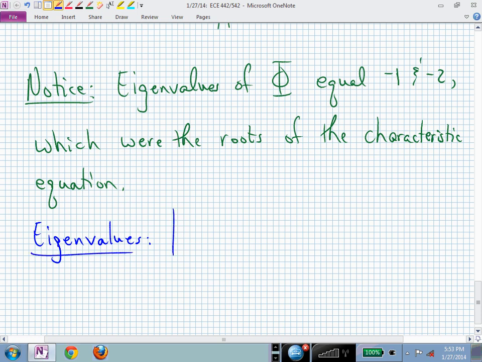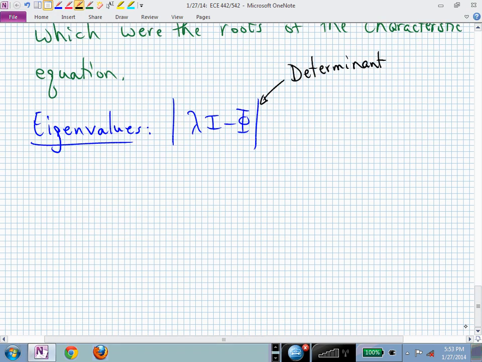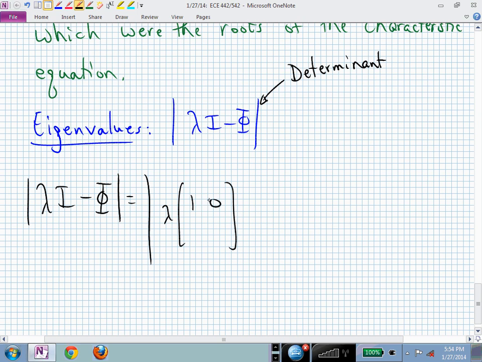So if we want the eigenvalues, we now look at the determinant. That's what these vertical lines mean. Determinant of this matrix lambda I minus phi. Phi is 2 by 2. Lambda is a scalar, but I has to be compatible with phi, so it has to be the 2 by 2 identity matrix. This is now the determinant of lambda times the identity matrix minus the phi matrix.